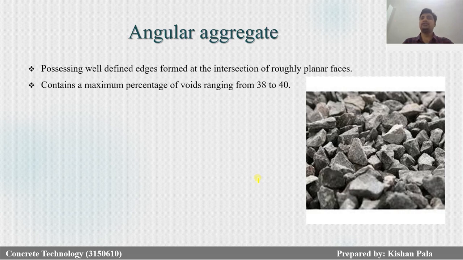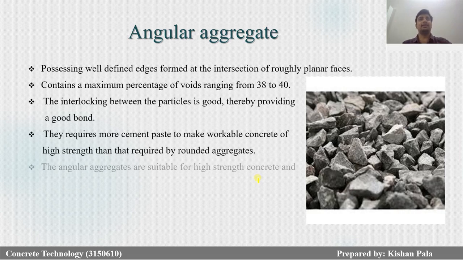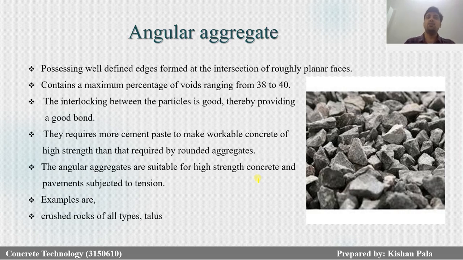Next one is the angular aggregates. Angular aggregates have well-defined edges formed at the intersection of roughly planar faces. You can see in the photo the roughly planar faces and irregular edges, and the maximum void ratio ranges from 38 to 40 percent, which is very high compared to rounded aggregates.